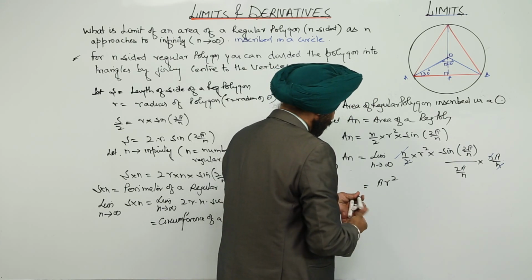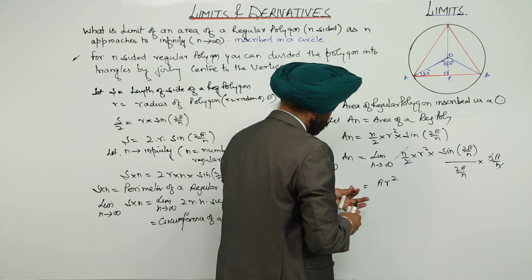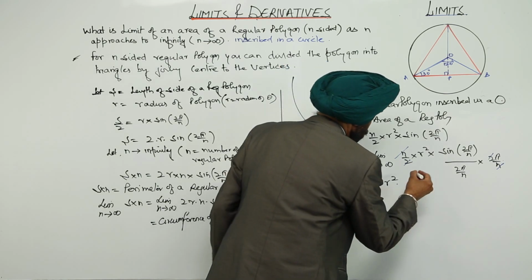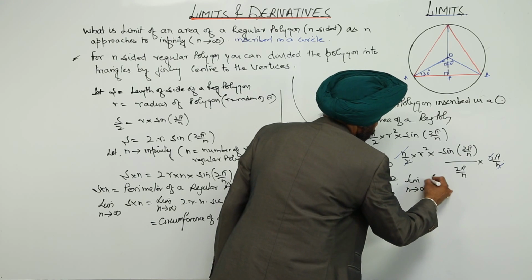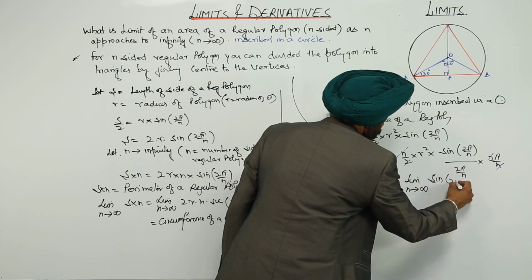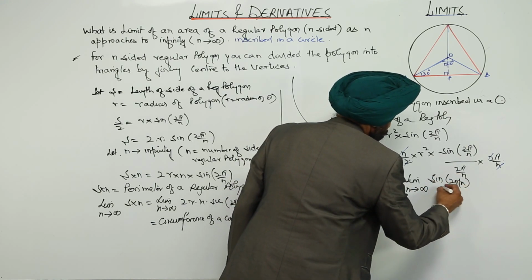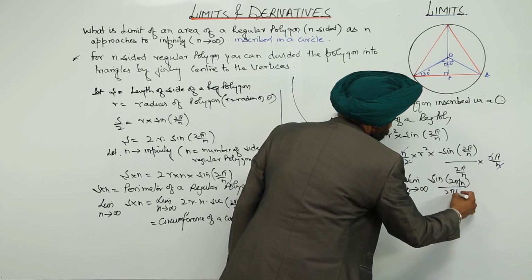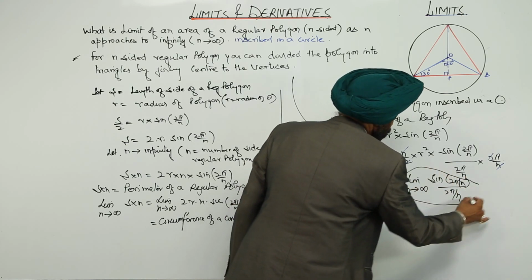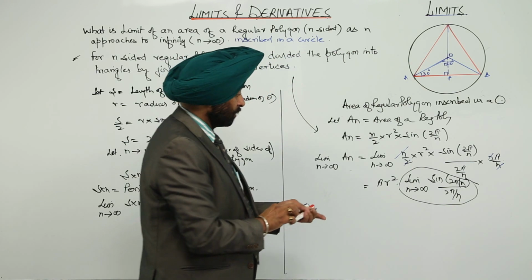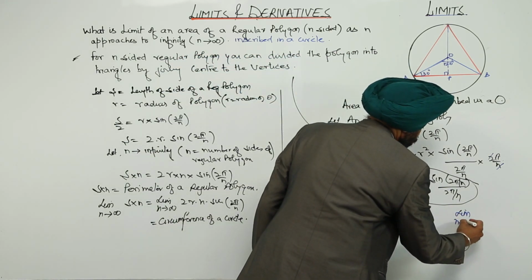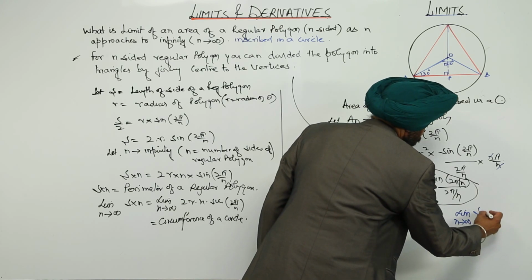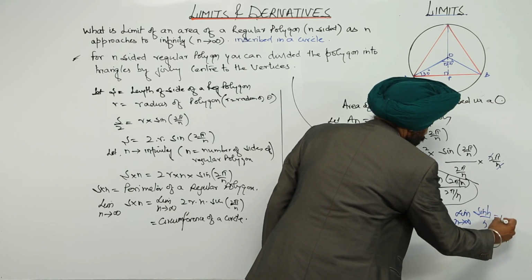with limit n approaches infinity, sine 2 pi by n upon 2 pi by n. Now remember what this is. Limit h approaches 0, sin h upon h is equal to 1.